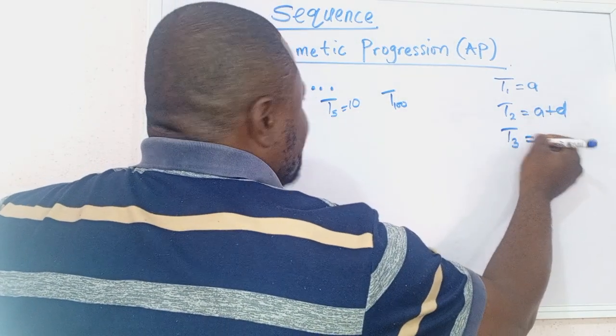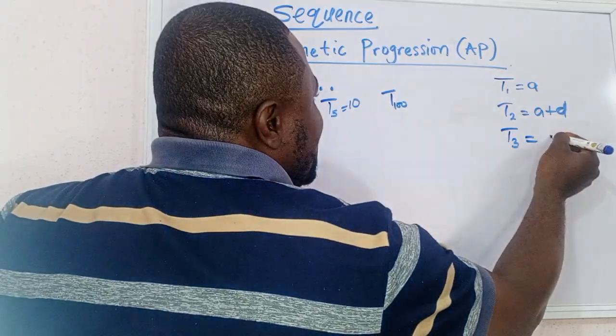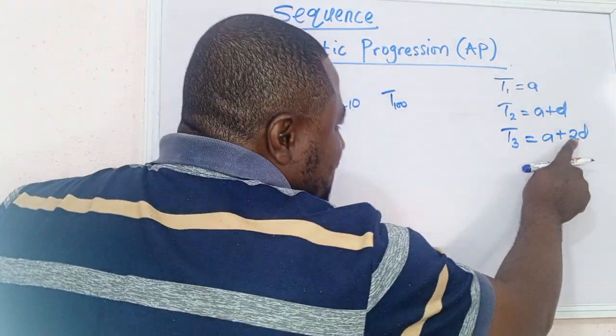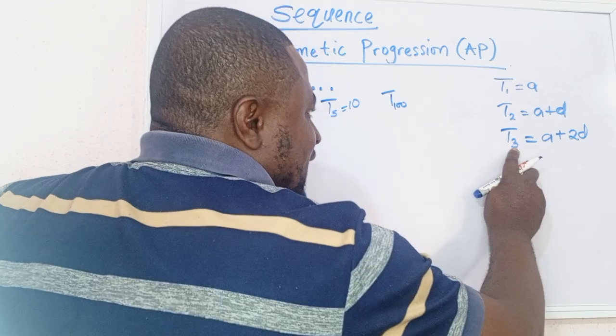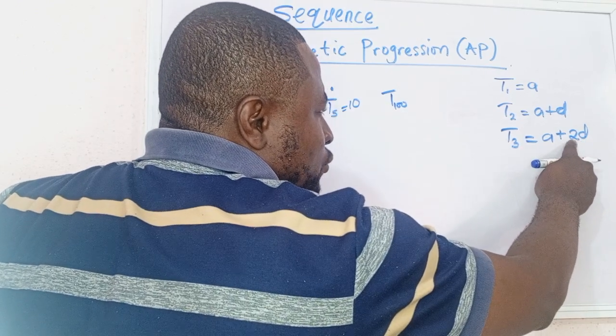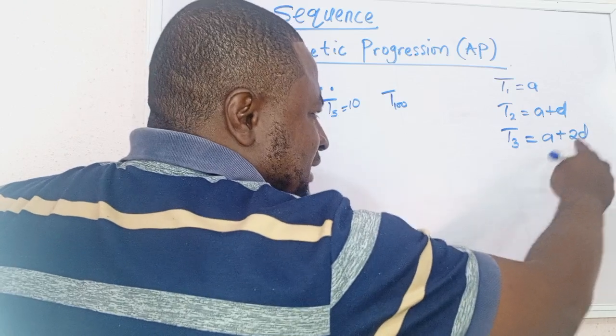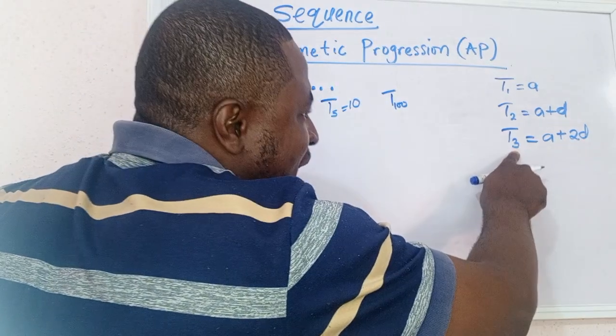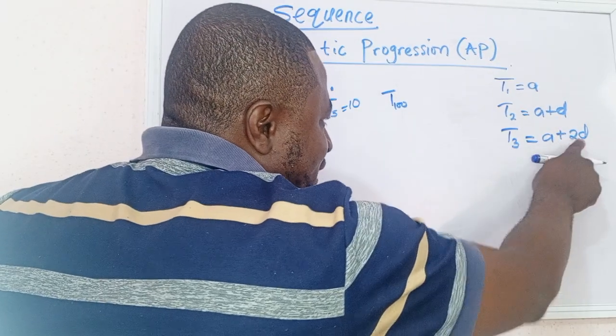I want to observe something. The third term is normally written as the first term plus 2D. You will notice something. This is 3, but this was 2. This is written as 2, so it means the coefficient is 2. You will notice that with the D, we always remove 1 from the term number. So if here is 3, here will be 2. If here is 4, here will be 3.